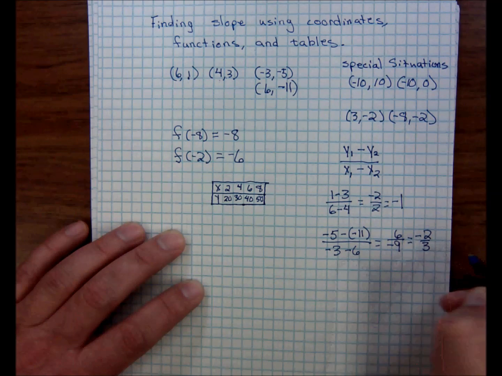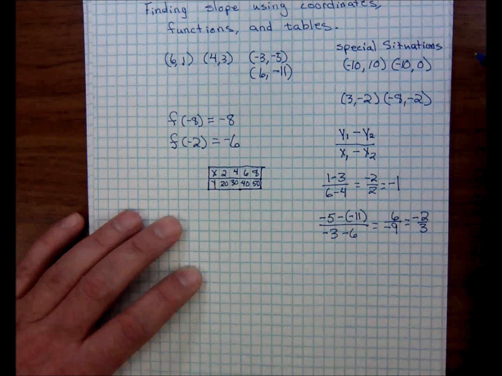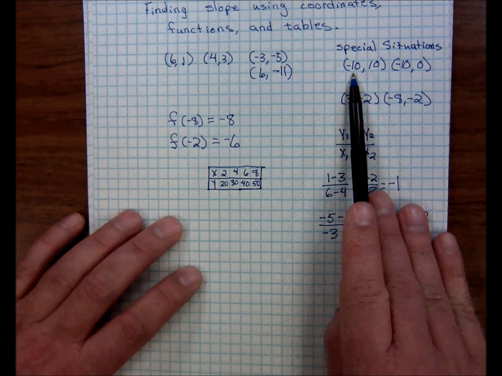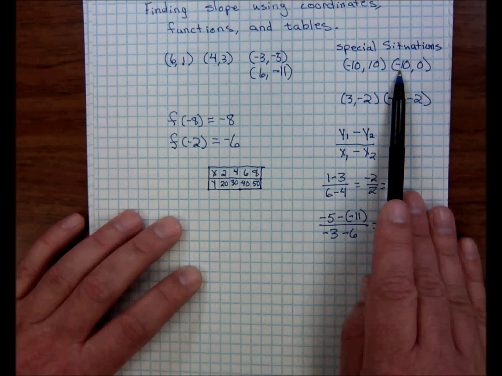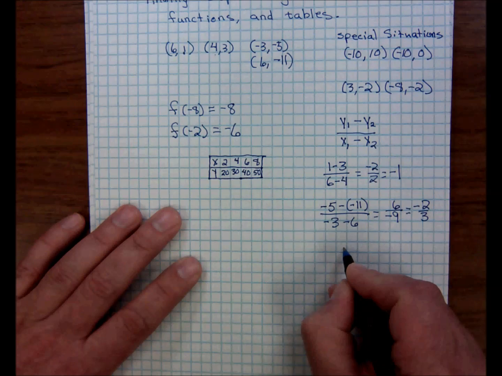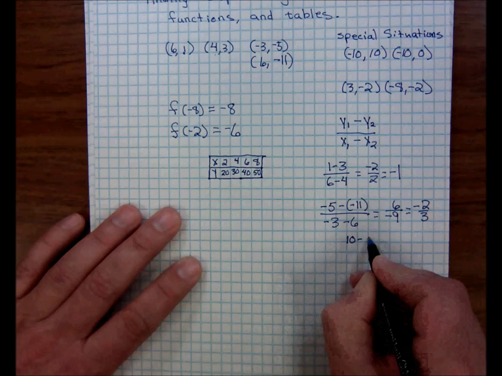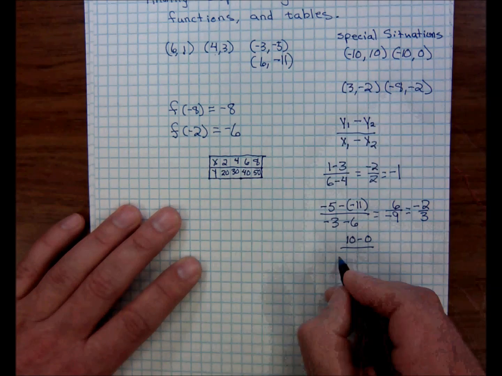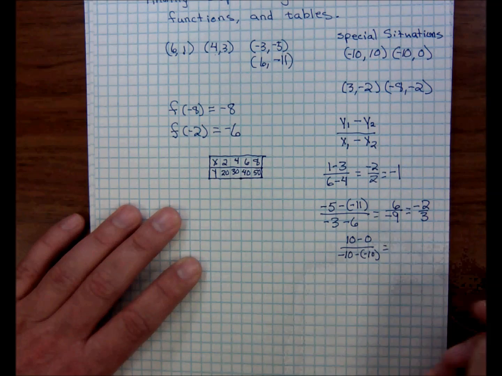Now we do have some special situations. One thing you should notice is that both of our x coordinates are the same. Let's test it out and see what happens. We have our y coordinates, 10 minus 0, and our x coordinates, negative 10 minus negative 10. 10 minus 0 is 10.